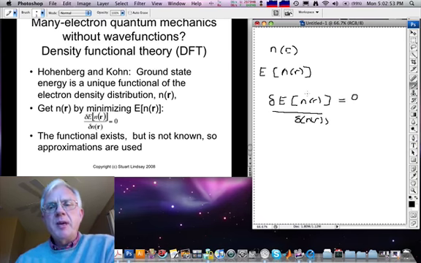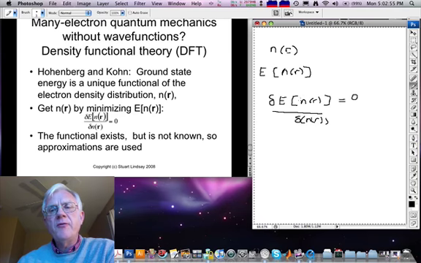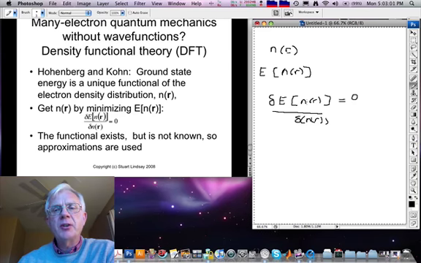What this statement means is that we will vary the function n(r) and find that function which minimizes this functional E[n(r)] with respect to variations in n(r). This is a subset of calculus called variational calculus.